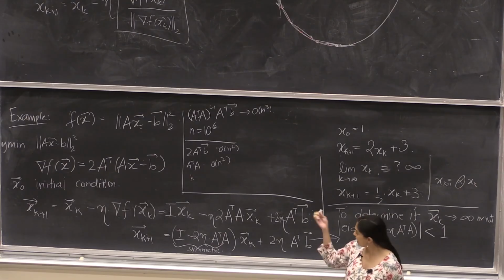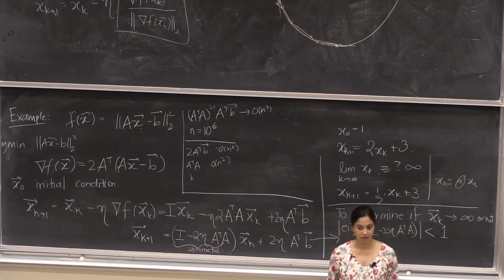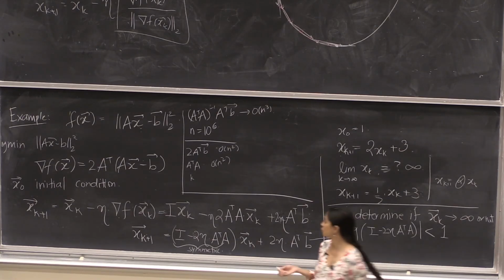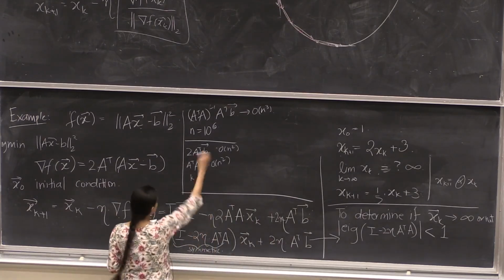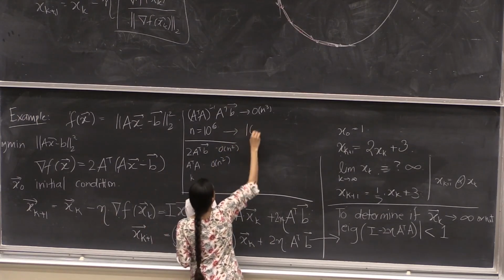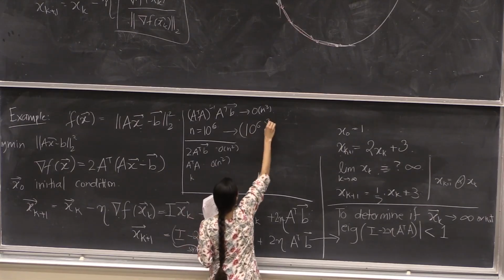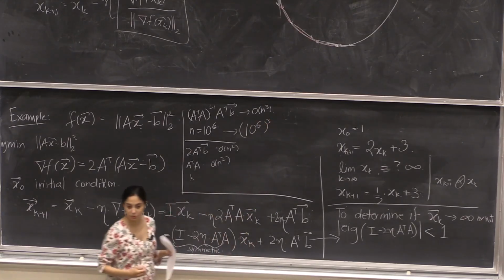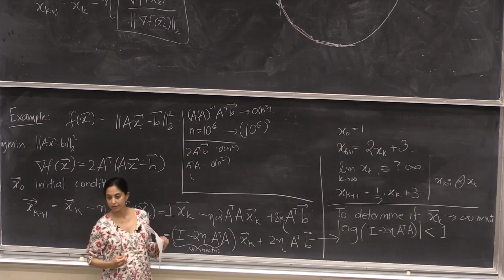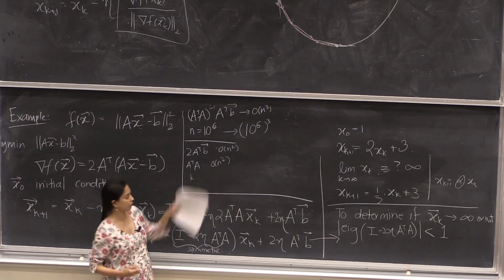So if I have 10 to the 6 data points, how many operations can I afford? I can do 1,000 steps. 10 to the 6 cubed is what it takes for me to do my inversion here.